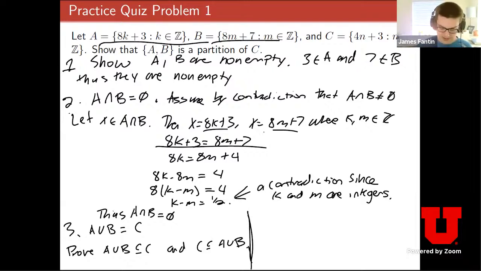and we could take a look at, let me think about how we could finish this.